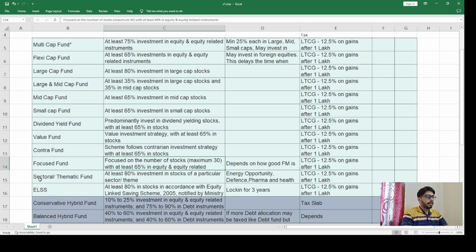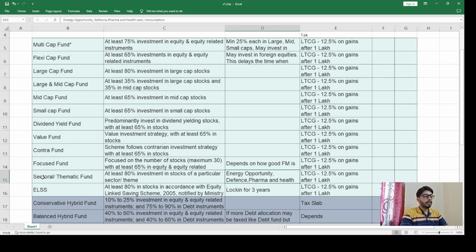And next are sectoral and thematic funds. Here the fund manager invests 80% of the money of the investors in the stocks of a particular sector or theme. You might have heard about sectors like infrastructure or manufacturing, and themes. Currently themes like energy opportunity and defense are famous right now. And during COVID, you might have heard pharma and healthcare themes which were picking up.